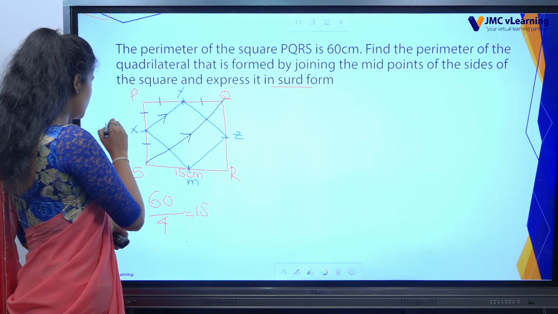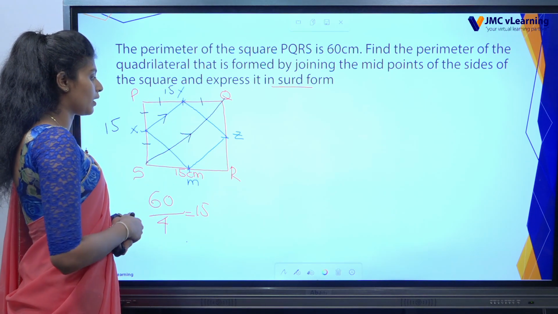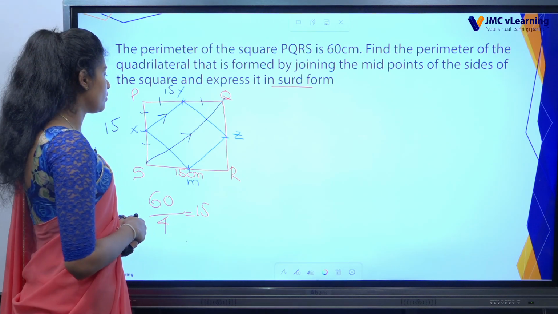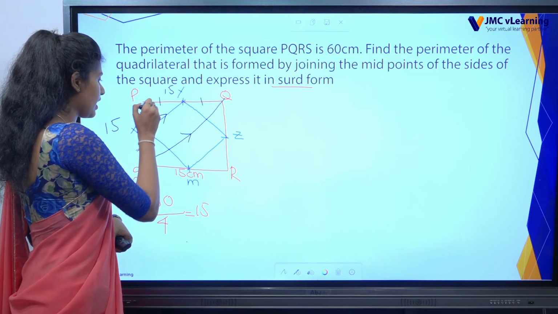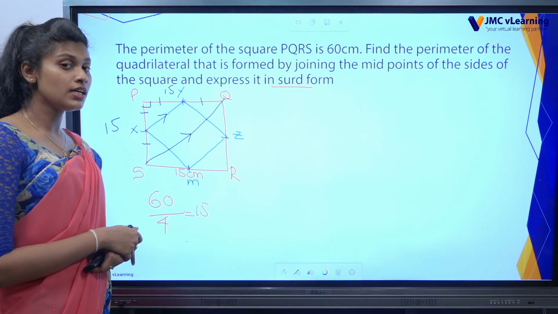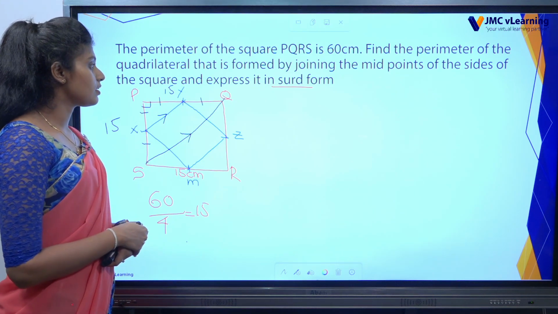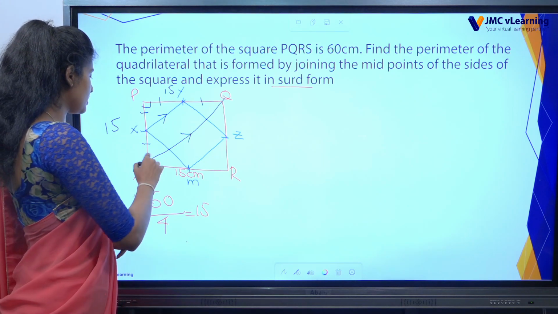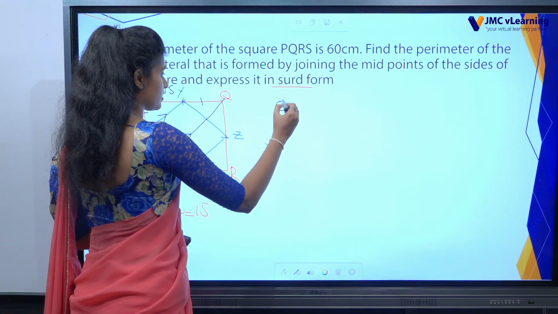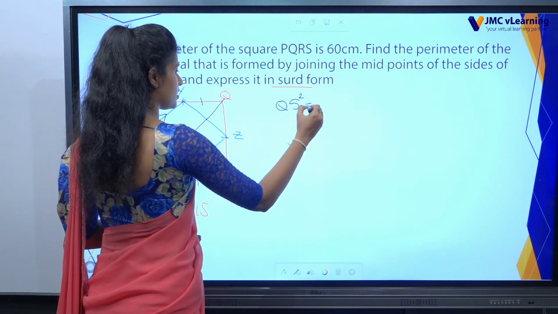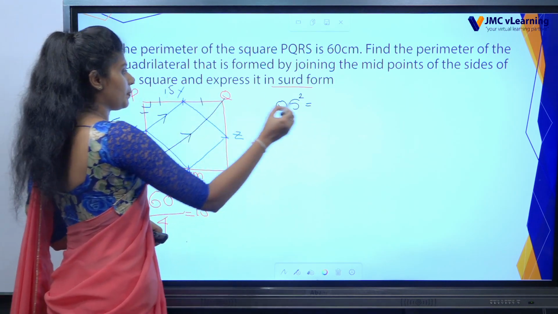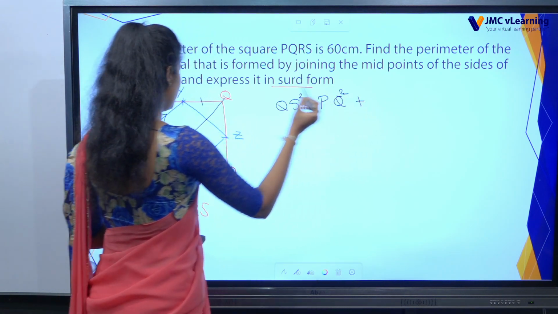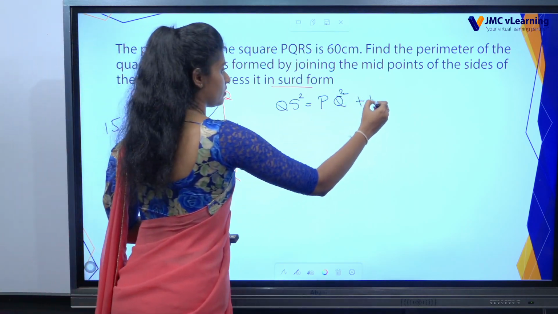We know this one is 15, this one is also 15. To find the length of QS, which theorem do you have to use? You know this angle is 90 degrees because this is a square. Then let's take the Pythagoras theorem here. Using the Pythagoras theorem, you can write QS squared is equal to PQ squared add PS squared.